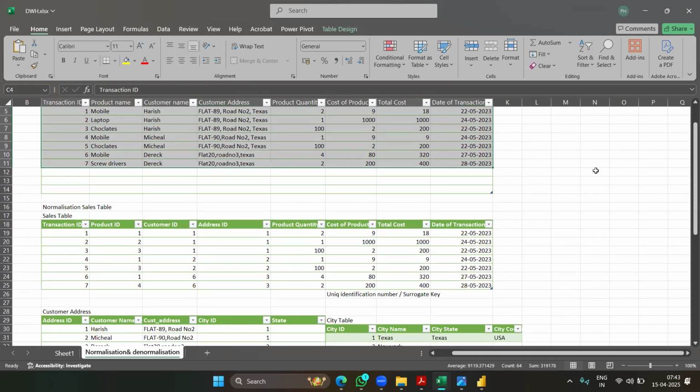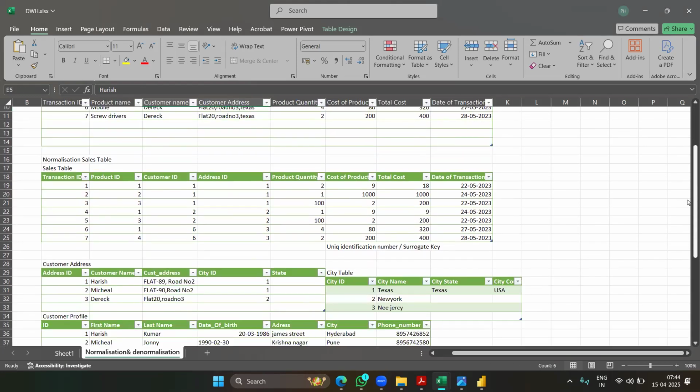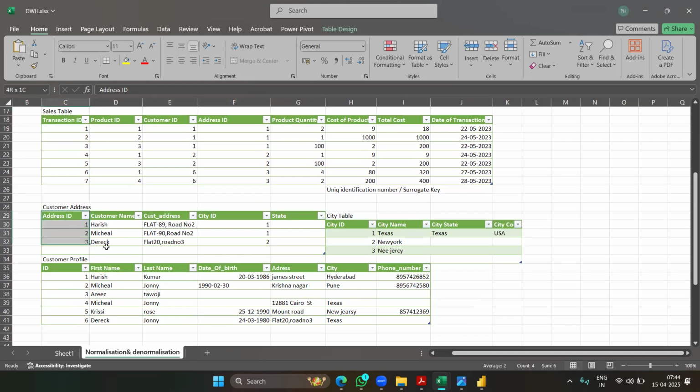Say if you know that customer details would be referred to multiple times, then I'm going to create a customer address table and I'm going to store a single line for each customer address and give it a unique reference number. We also call it a key or primary key, right?